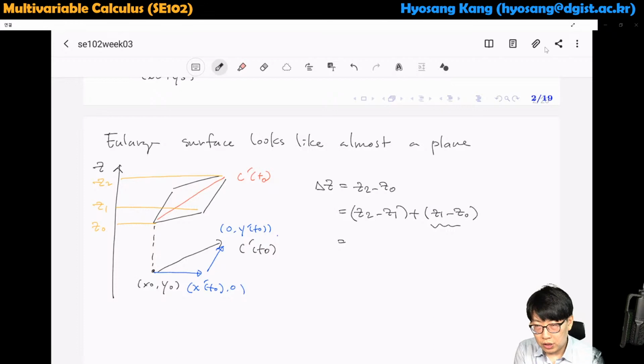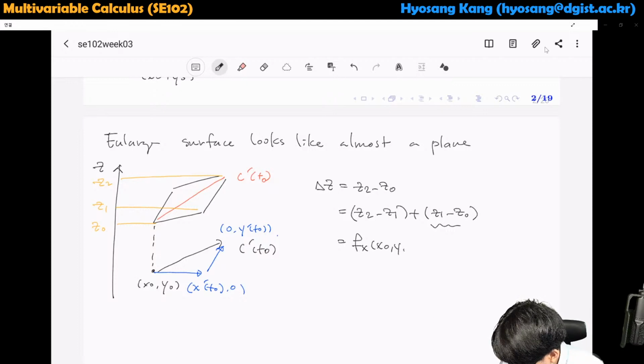I only see the x directional difference of the value. So this gives fx at x0, y0, and see the difference.